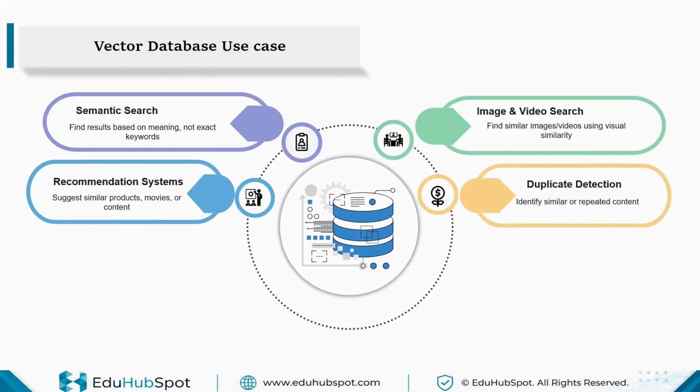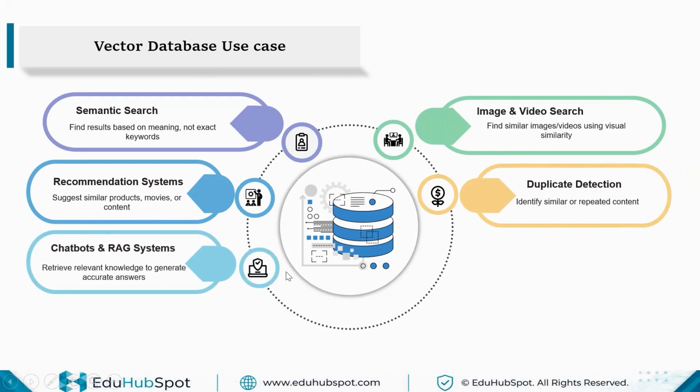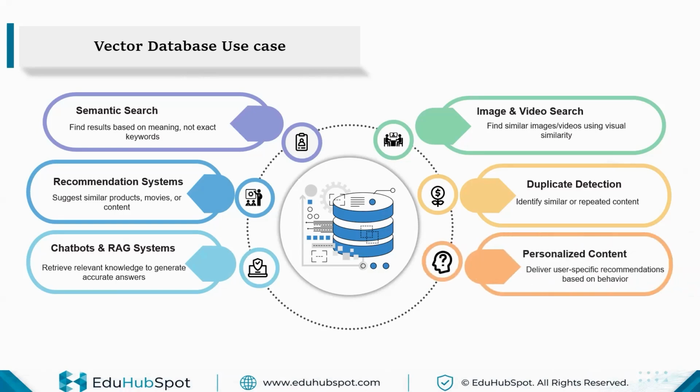In duplicate detection, they help by identifying similar or repeated data. In chatbots and RAG systems, it helps in retrieval of information for better answers. When it comes to personalized content, they deliver recommendations based on user behavior.